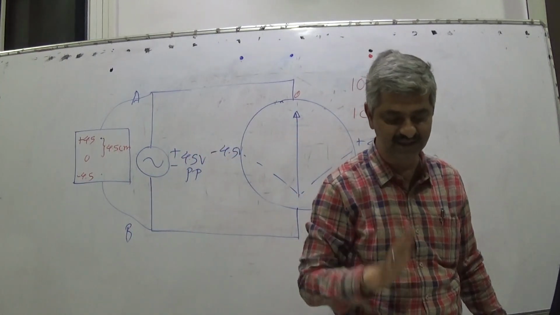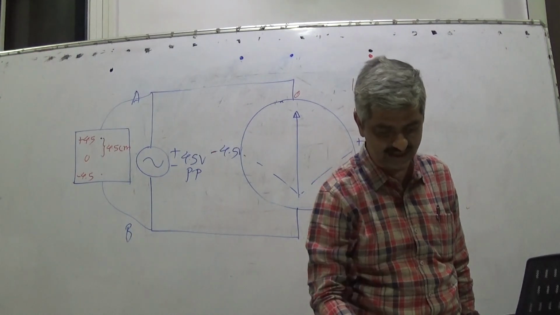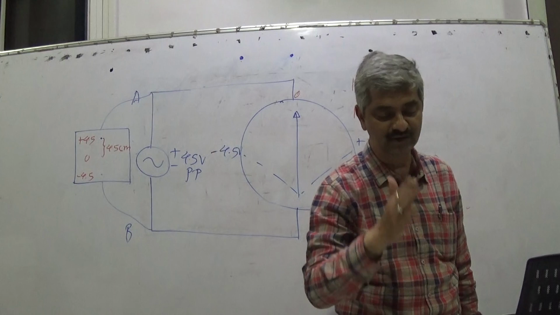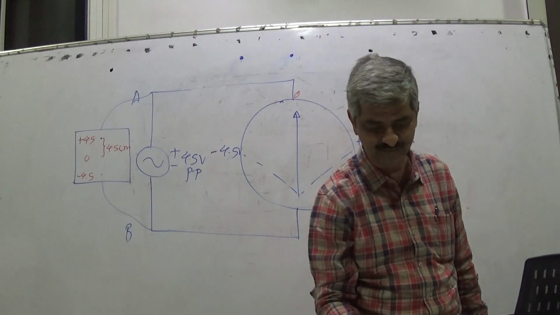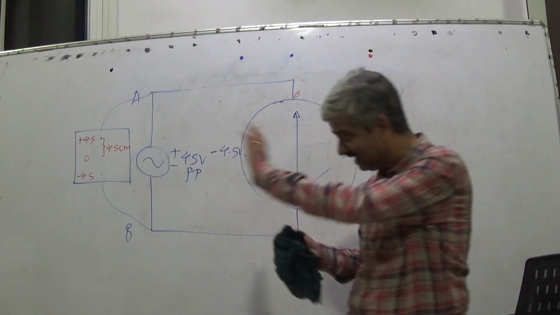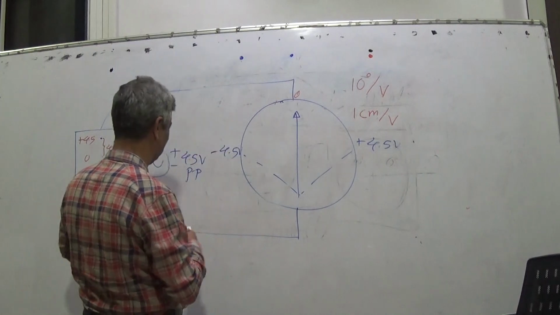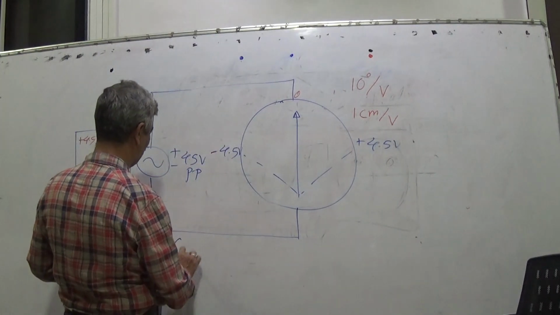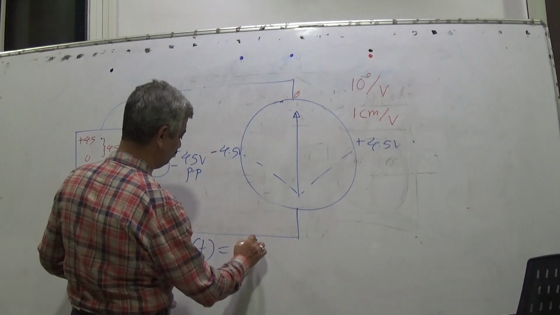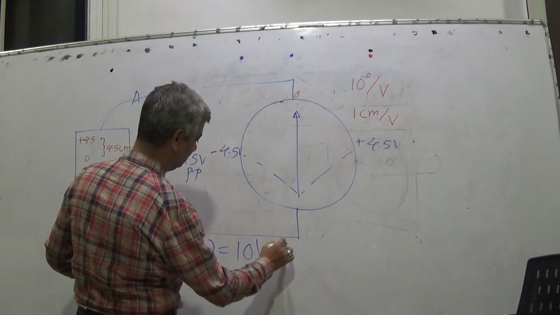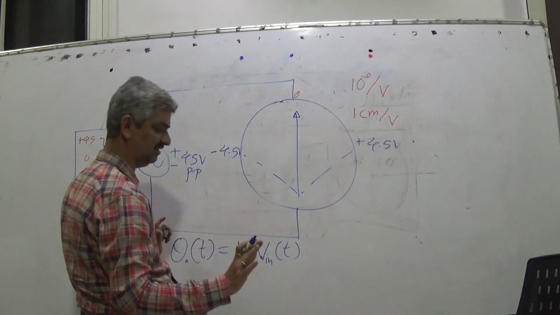Because of the limitation of the speed, the maximum angular speed with which the pointer of the galvanometer can move, the entire conclusion is that the equation with which we started, theta_o(t) equal to 10 into V_in(t), is not a correct equation.